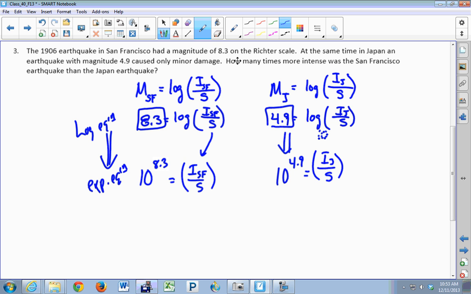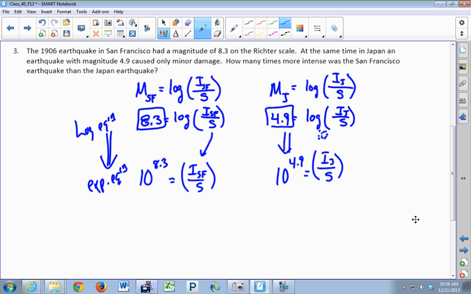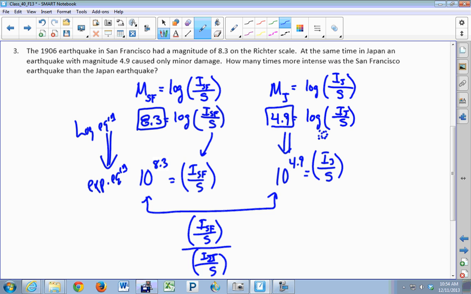So our question asks, how many times more intense was the San Francisco earthquake to the Japanese? So what we're doing is we're dividing these two numbers. So if you take the right-hand side, the intensity of the San Francisco earthquake is this, and if you divide it by the intensity of the Japanese, oops, that's a J there, sorry.